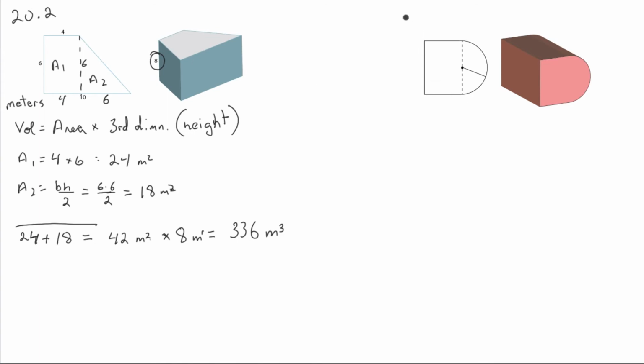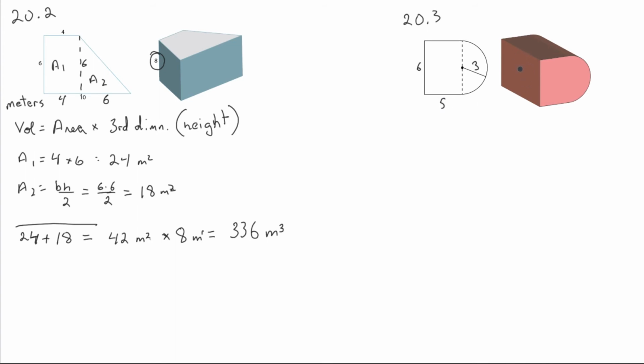All right, now moving on, let's do 20.3. As you can see, we're just taking these shapes apart and finding the area and then multiplying it times the height. Now, in this example, we have a radius of 3, and we have a height of 6 and a width of 5.